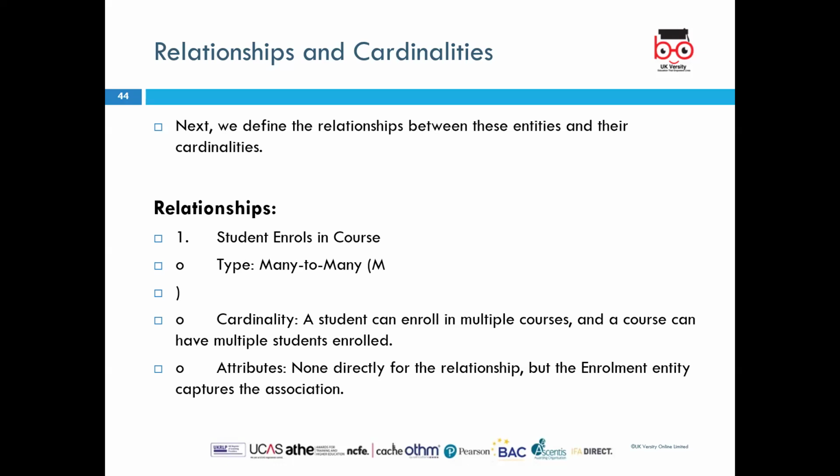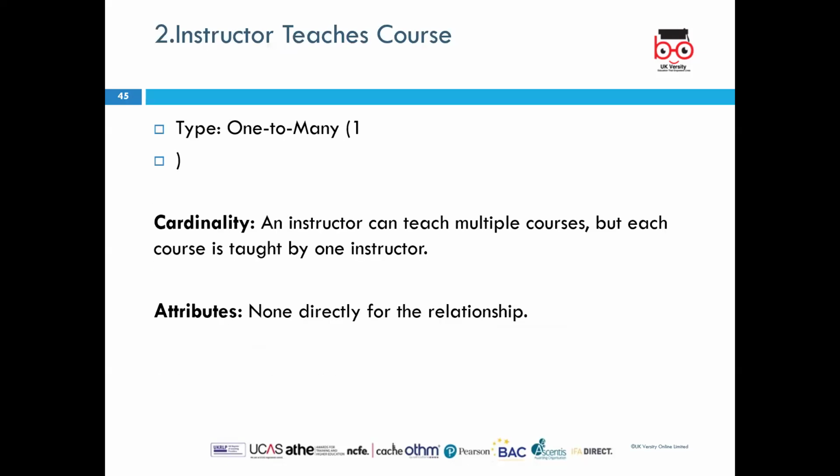So the cardinality that we are presented with is that a student can enroll in multiple courses and a course can have multiple students enrolled. Looking at the attributes, none directly for the relationship, but the enrollment entity captures the association.